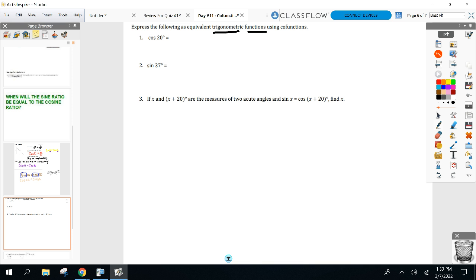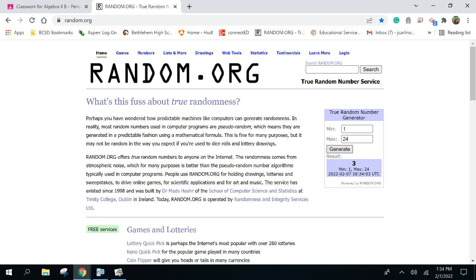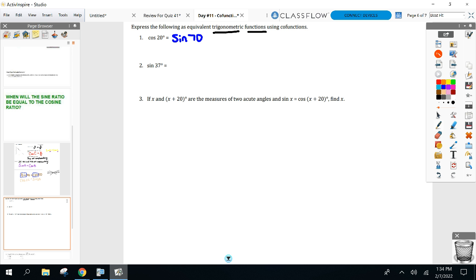Good. Angles have to add up to 90. And I'm never going to introduce tangent here. It's always sine and cosine that go together. How about the sine of 37? What else is equal to the sine of 37? Cosine of 53.